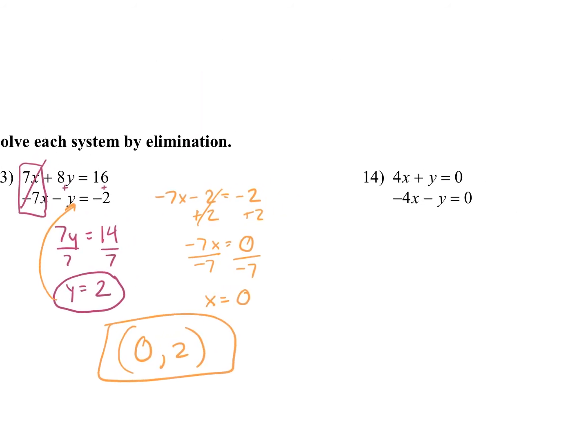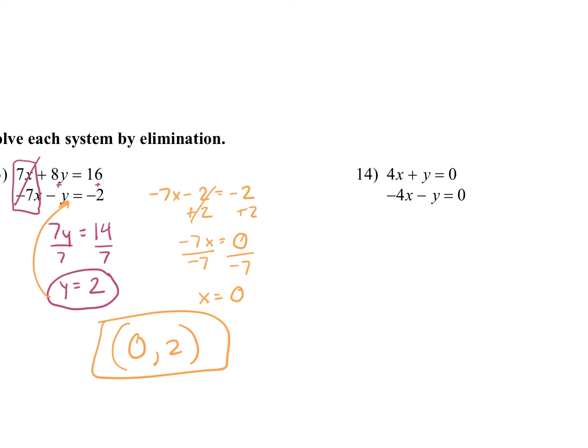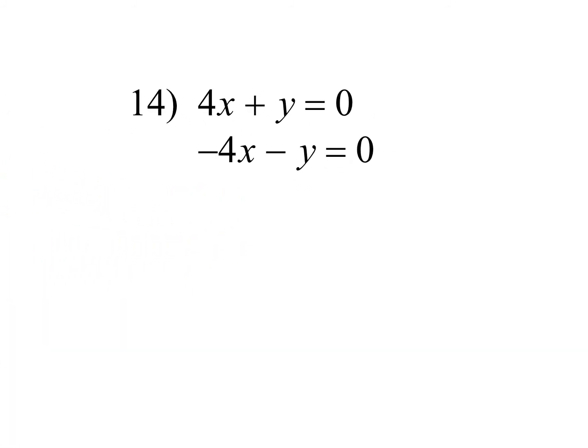Okay, so let's look at 14. Do I have anything that'll cancel out right away? Which one? The x's cancel. So then what's y minus y? 0. And 0 plus 0? Does 0 equal 0? So what is my answer here? Infinitely many solutions.